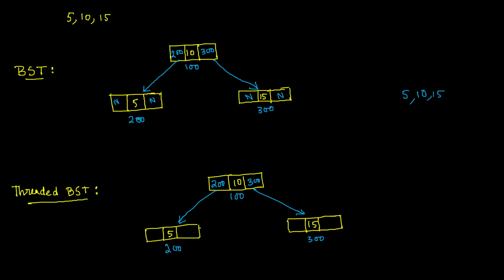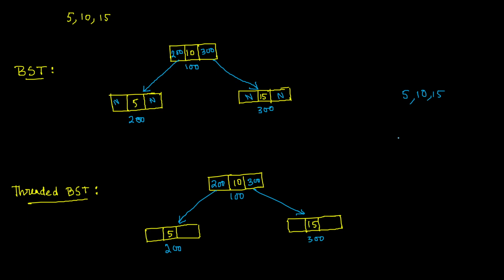But what we can do is utilize these two parts. You see, with respect to the in-order traversal, it is 5, 10, 15. So 10 is the in-order successor of 5, right? So what I can do is utilize the right pointer that we have here for storing the in-order successor of the node.